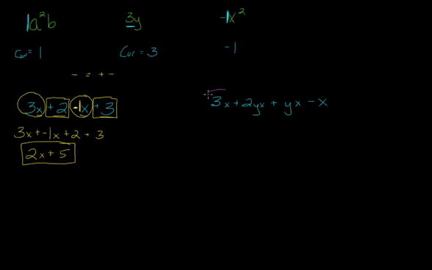Okay, so we have a 3x. And we have a negative what? A -1x. So let's write that down. 3x plus a -1x. Now we have a positive 2yx and a positive what? A 1yx. All right, so let's put that in a different color. So this goes with that.